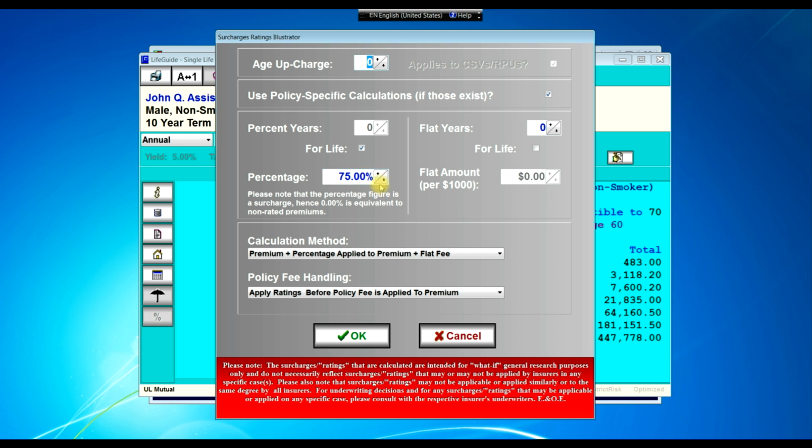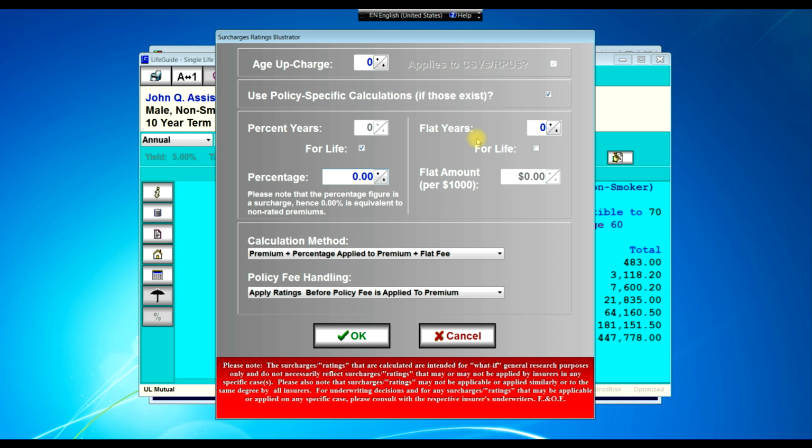So let's zero this one out, and let's take a look at the flat amount that I mentioned earlier. Flat amounts are more often than not applied because of a temporary higher risk.